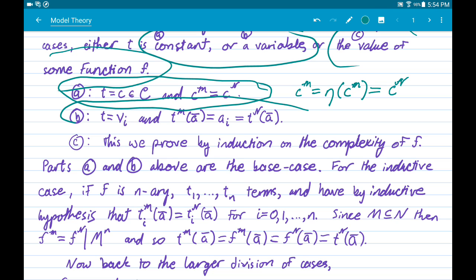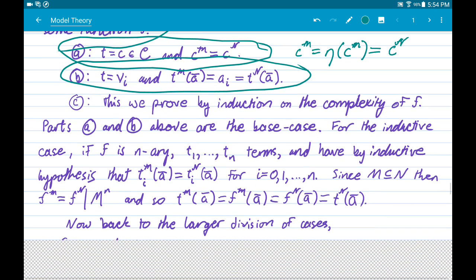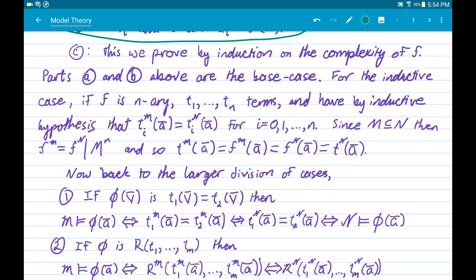A similar argument, which is not hard to follow, goes here for the case of variables, and then we go by proof by induction for the case of a function f. Now, that goes by saying, suppose we have an n-ary function with, again, I should probably have n sub f there, the appropriate number of terms to feed into the function f.